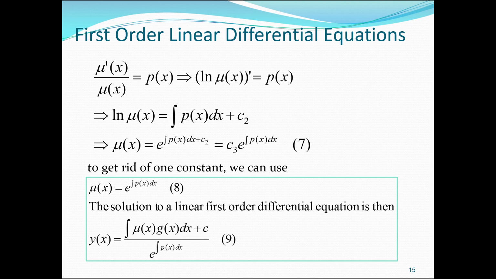So taking the exponential on both sides, this becomes mu of x equal to e power integral p dx plus c2. So we again write it as mu of x equal to c3 into e power integral p of x dx. So we remove the constants c2, c3. From this we get mu of x equal to e power integral p dx.